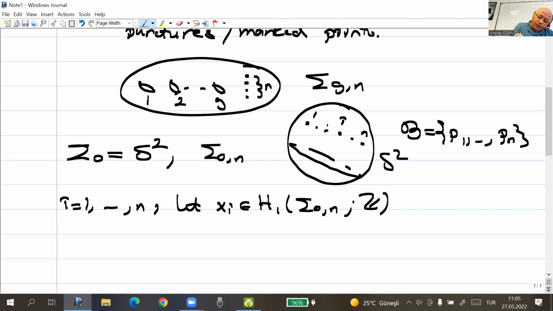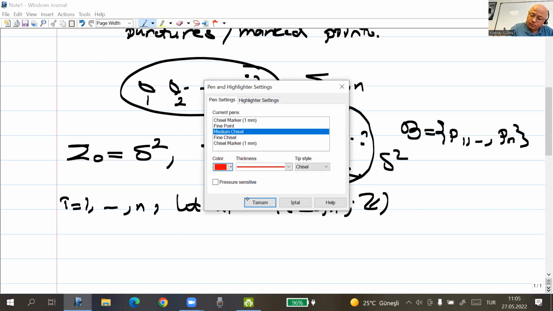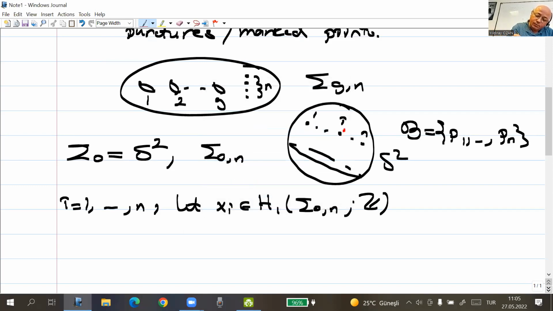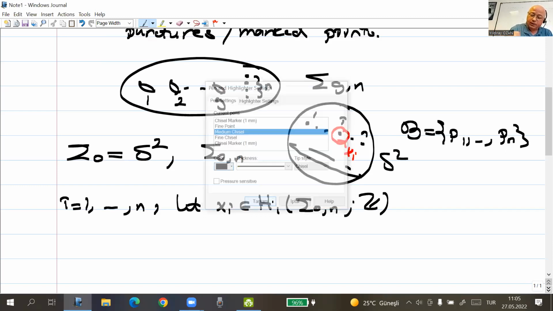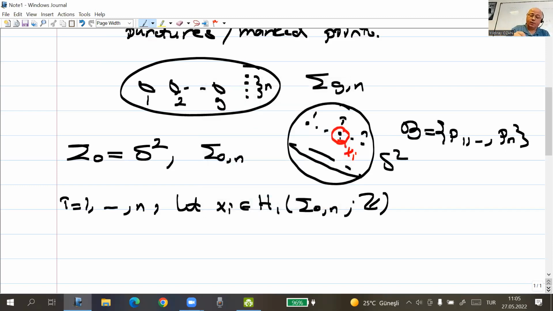Suppose this is the curve xi. I will denote the homology class of this curve by the same letter. So class and curve are represented by the same letter.